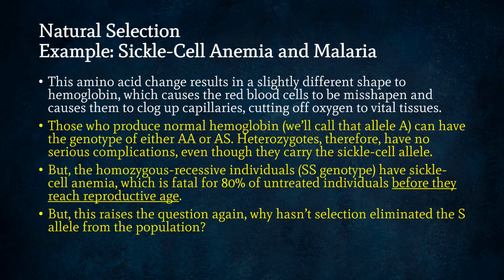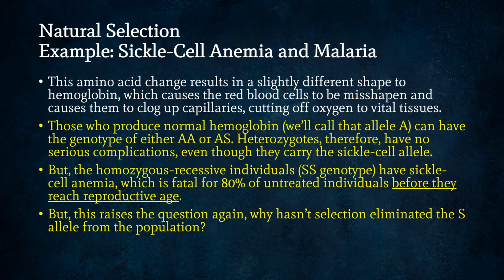So let's look here at some key points. Those who produce normal hemoglobin have the genotype of either AA or AS. So heterozygotes have no serious complications even though they carry the sickle cell allele. So remember some of our vocabulary from the basics of genetics.